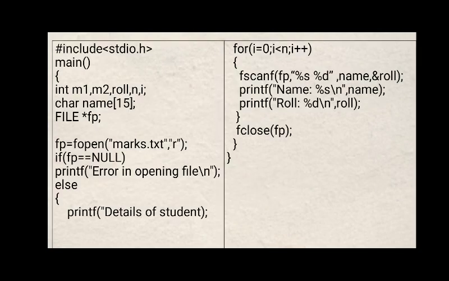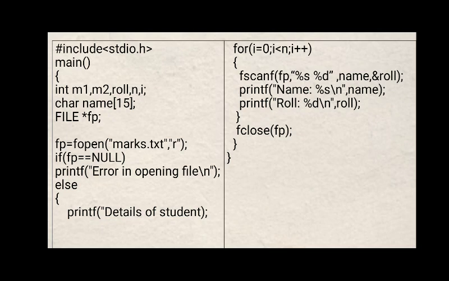So let's see an example. So here you have declared m1, m2, roll, n1, then name also, and then you're using the file pointer fp, and then you're going to open the file marks.txt in the read mode. And now what happens is you're going to read the name and roll number of the student.